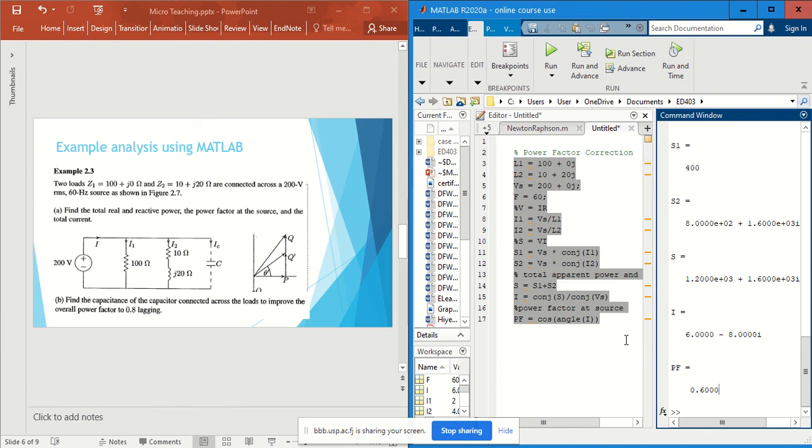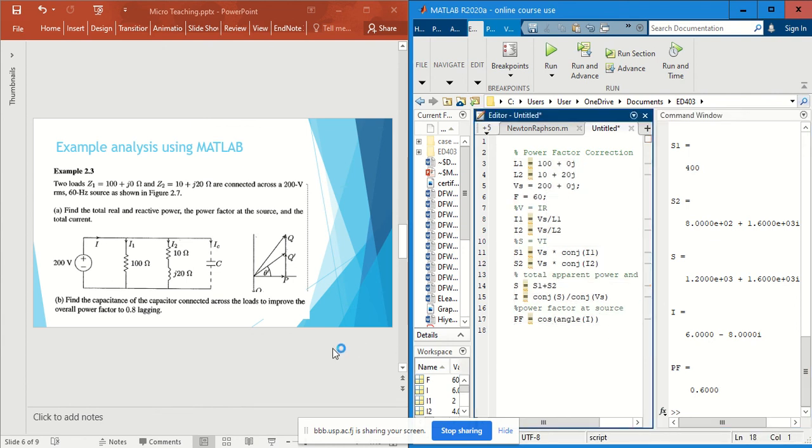Now we need to bring this close to which value? Let's see what the question says. Find the capacitance of the capacitor connected across the loads to improve the overall power factor to 0.8 lagging. So initially we have 0.6. Now we want to bring it close to 1, which, the question says, is 0.8. So how are we going to do that?